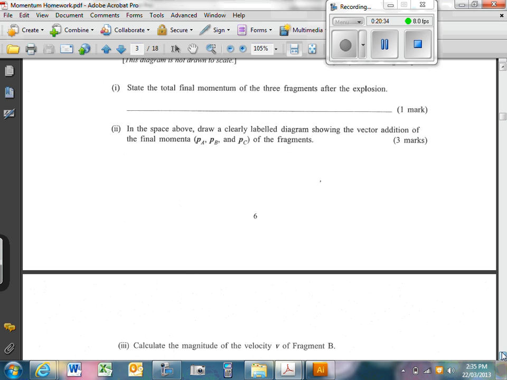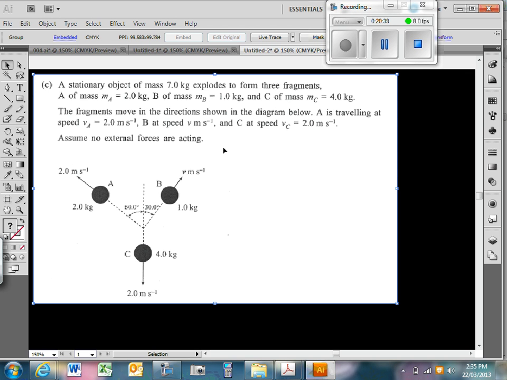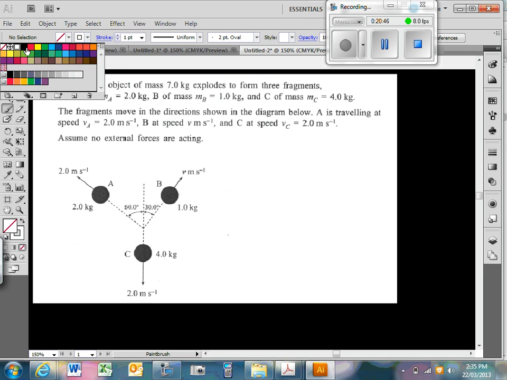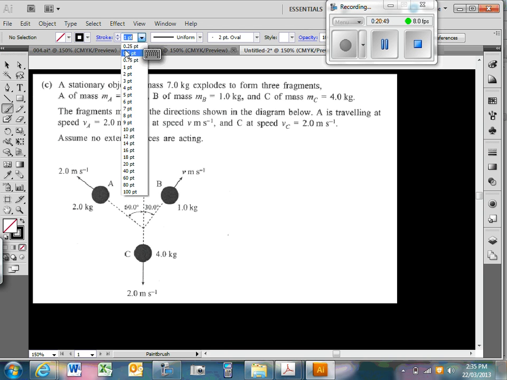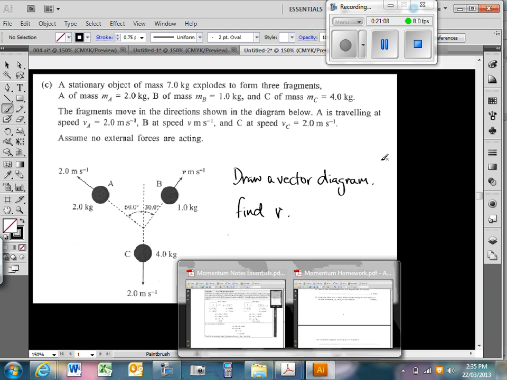And then find the magnitude of the velocity V of fragment B. So I'll write that here. Find V. Have a go at that.